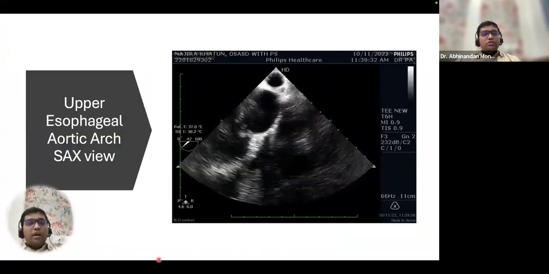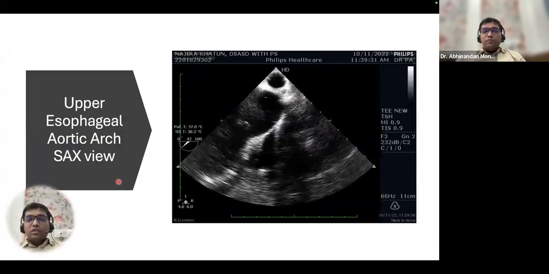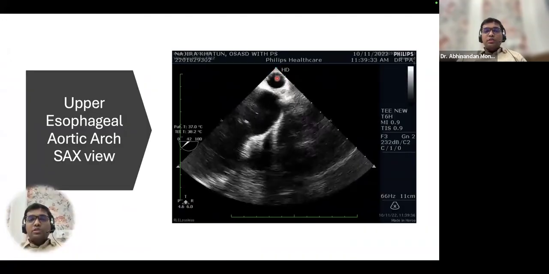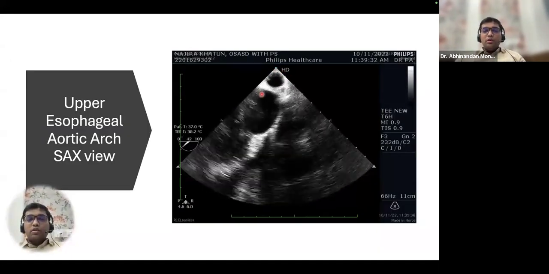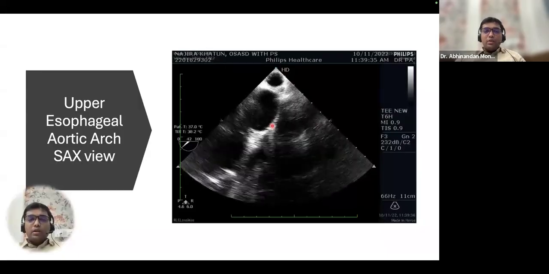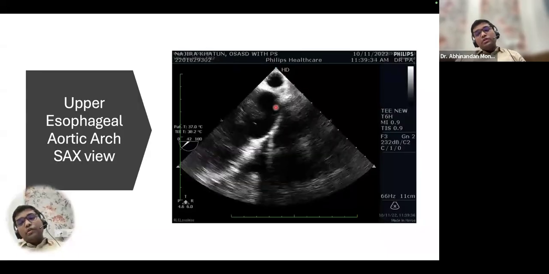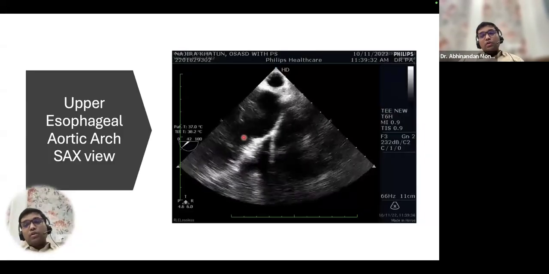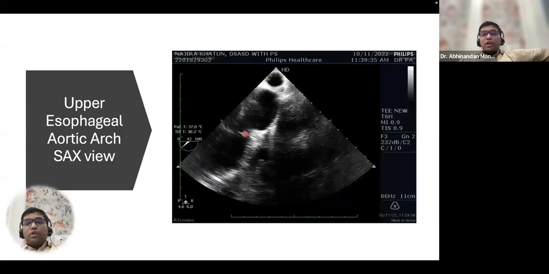So this is your upper esophageal aortic arch short axis view. This is the aortic arch short axis, and this is your main pulmonary artery trunk. So this is your pulmonary valve.